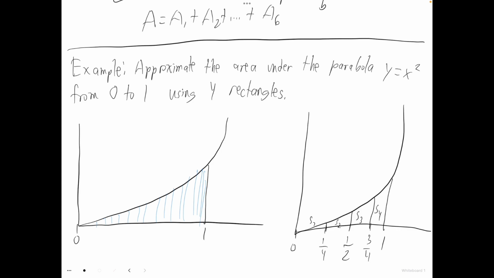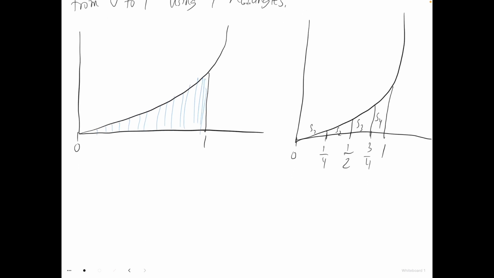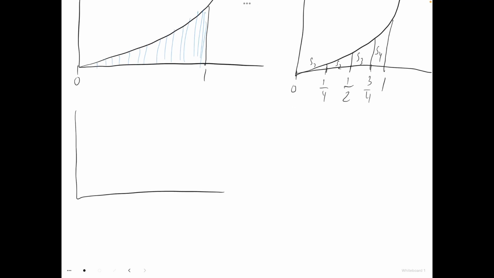And we're going to approximate each of those strips using a rectangle, because we know the area of rectangles, but we don't know the area of each of these strips. And so doing that, we have 0, 1/4, 1/2, 3/4, and 1.